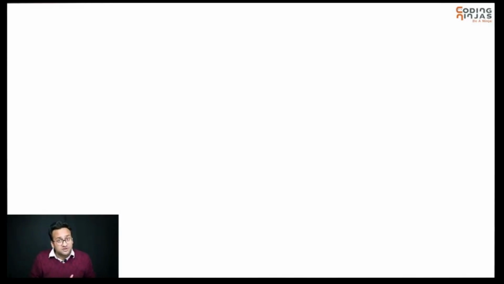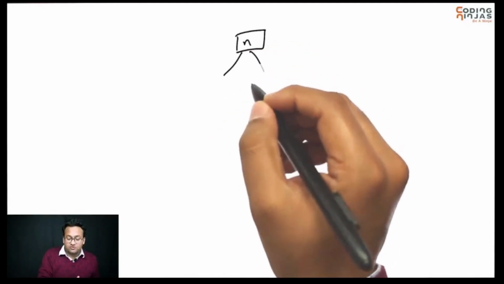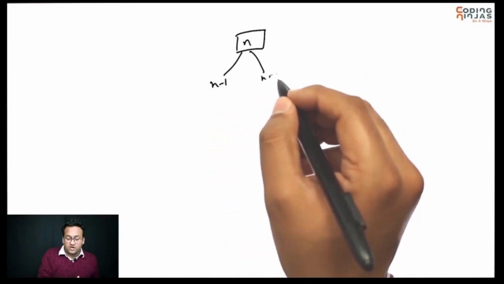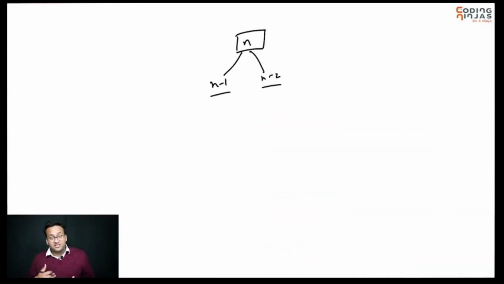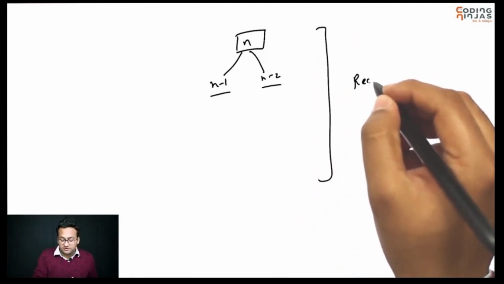To find the number of function calls, we created this structure just to visualize what exactly is going on, what is n calling, what are these functions calling next, and so on. We generally call it the recursion tree.